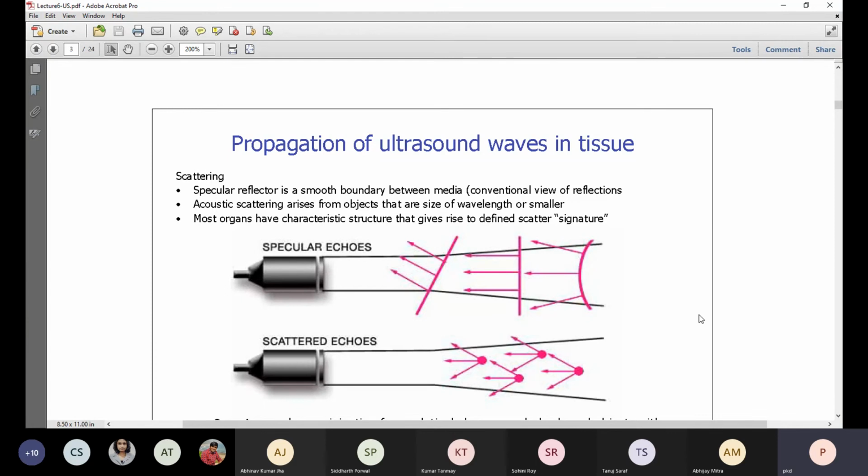So therefore, the reflection that is coming out of the inside body is in almost all cases not specular in nature. So there is no regular reflection. So that way, acoustic scattering plays an important role.